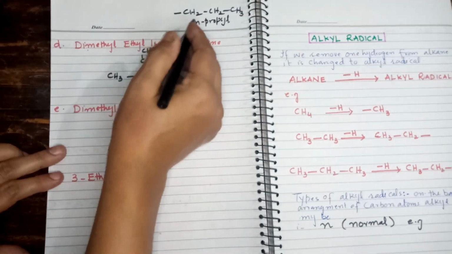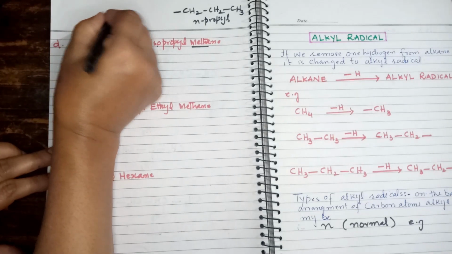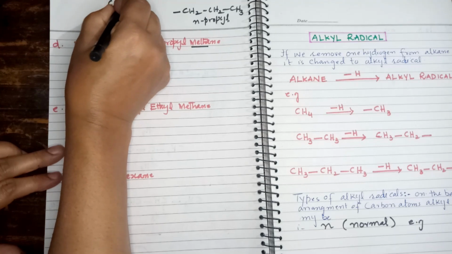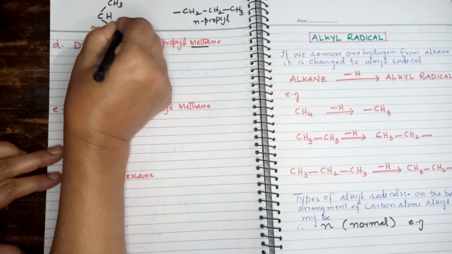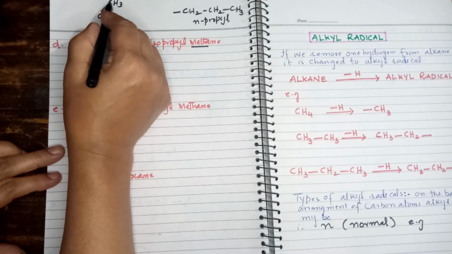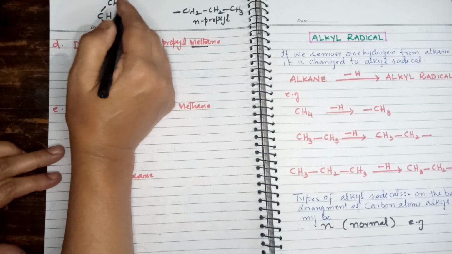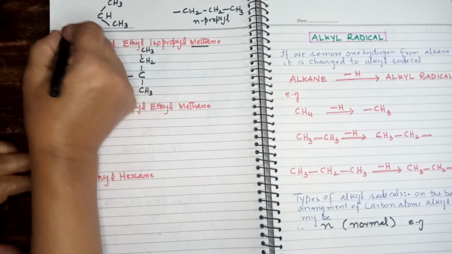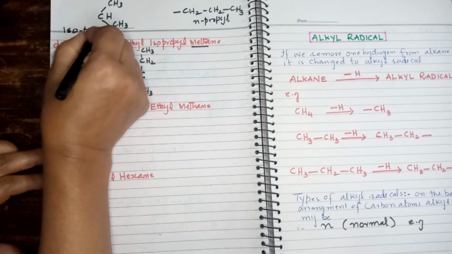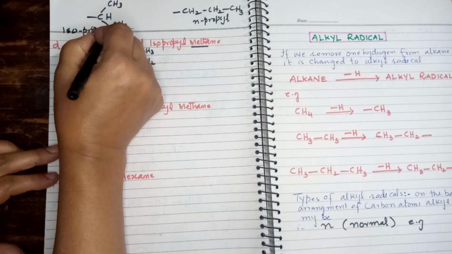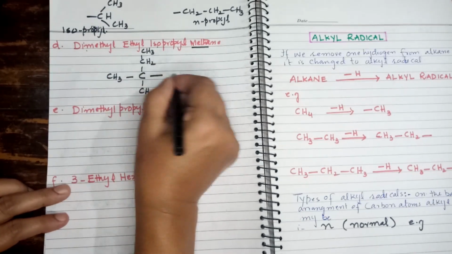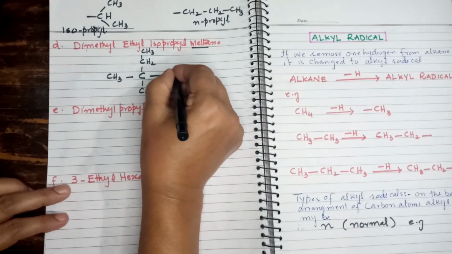But if with this carbon we have 2 methyl groups, CH3, CH, CH3, so if with a single carbon 2 methyl groups are attached, then the nature of this propyl is isopropyl, since there is a branch. Isopropyl radical, right? So with this carbon we made isopropyl here, CH.